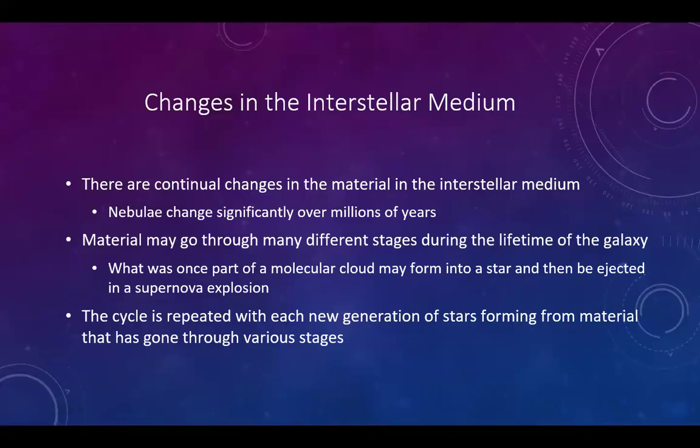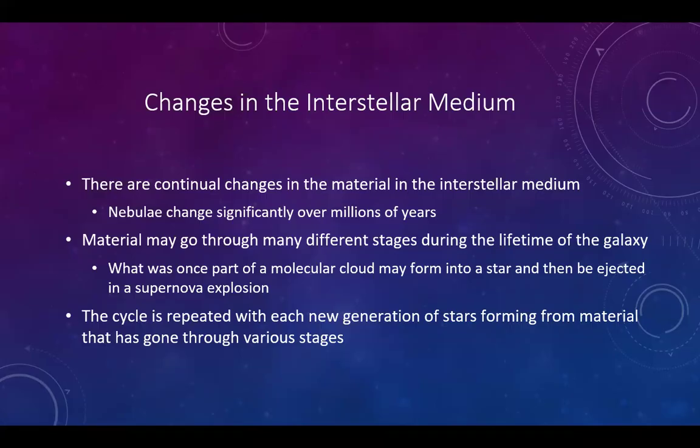Now, there are continual changes in the material in the interstellar medium. Nebulae change significantly over millions of years. Material can go through many different stages during the lifetime of the galaxy. So what was once part of a molecular cloud could form into a star and be ejected in a supernova explosion.